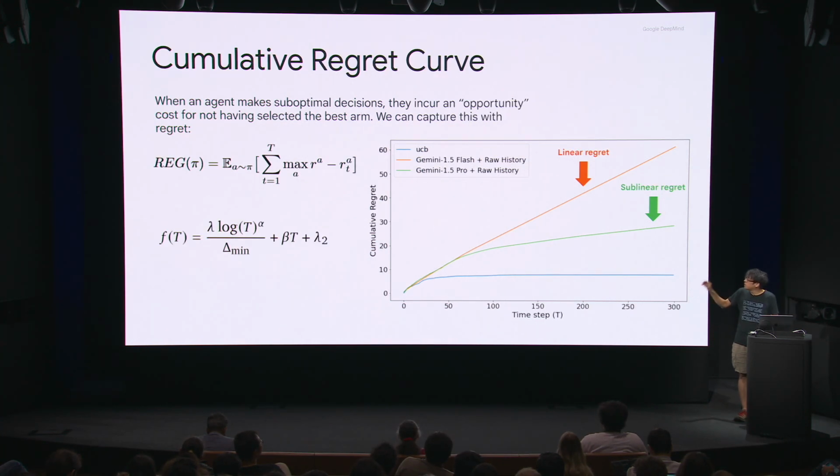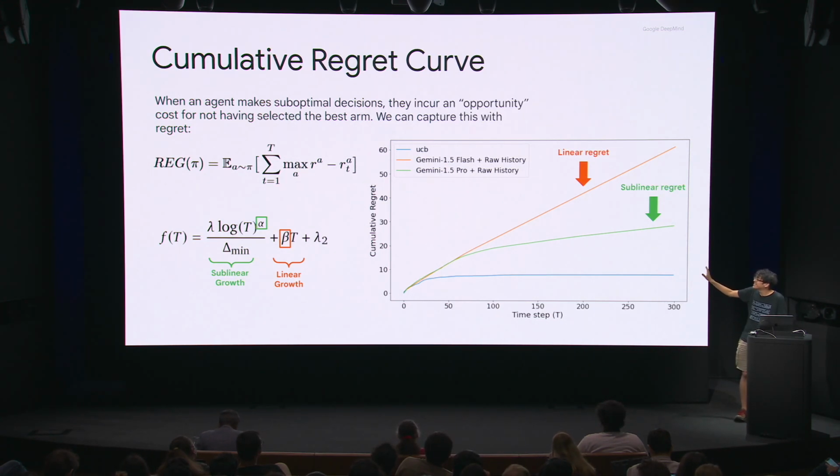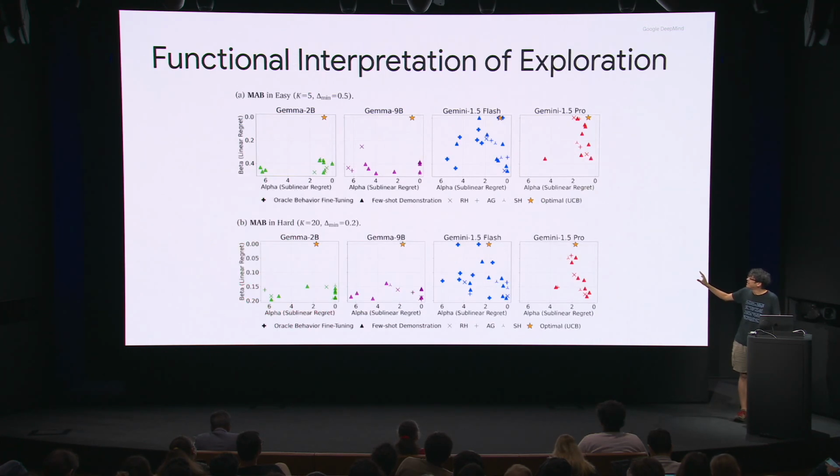We can use a function form to fit the empirical regret data of these models under the bandit setup. By fitting this function form, we can interpret the two coefficients, alpha and beta, and turn a billion different curves under different domains into a map with two coordinates, alpha and beta.